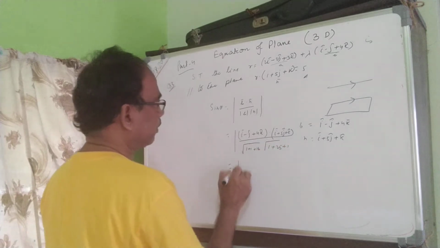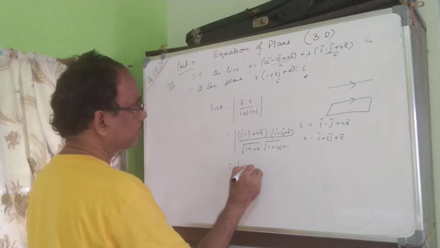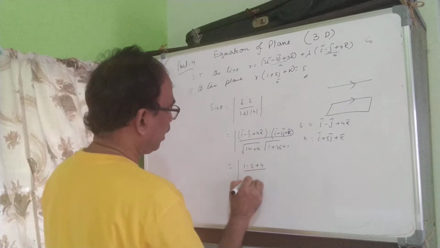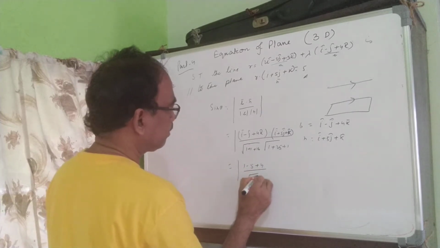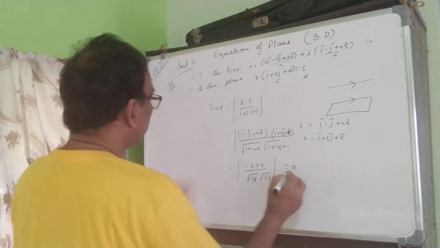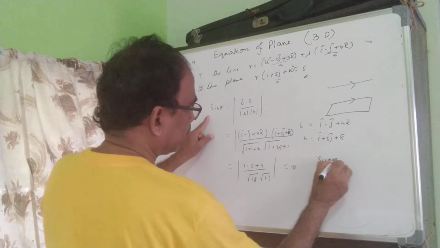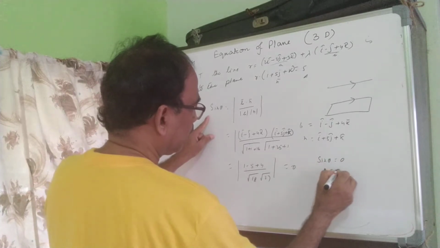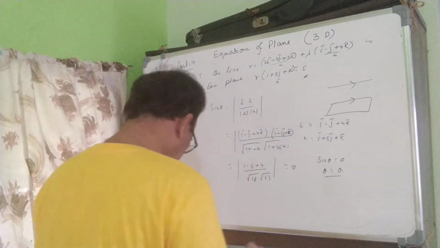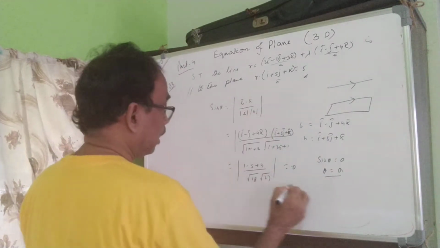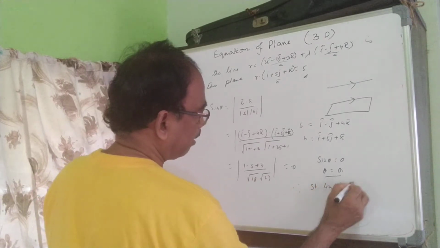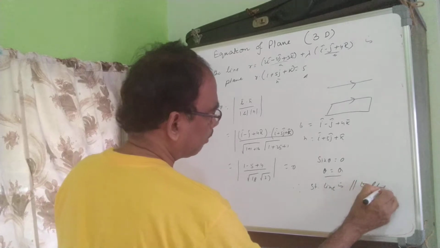The dot product is 1 minus 5 plus 4, which is 0. Then sine theta equals 0, so theta equals 0. The angle between the line and the plane is 0, so they are parallel. Therefore the straight line is parallel to the plane.